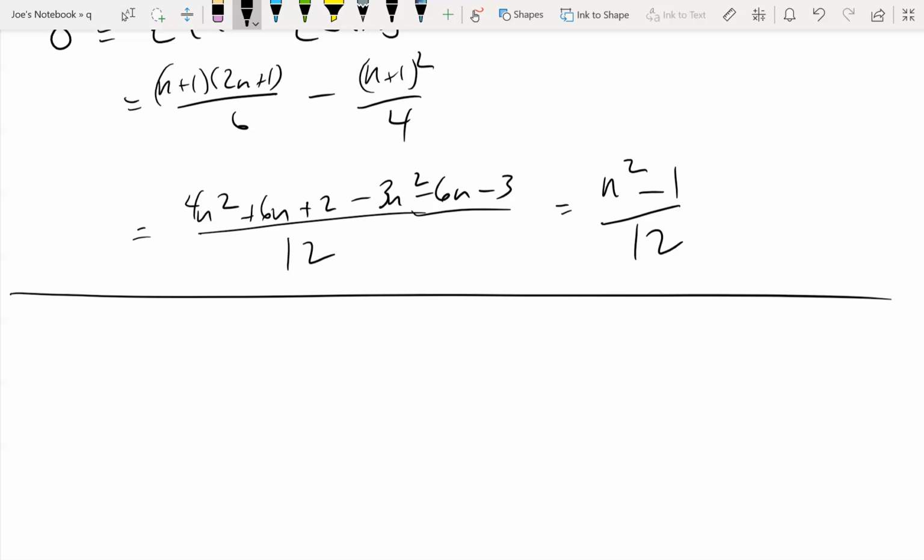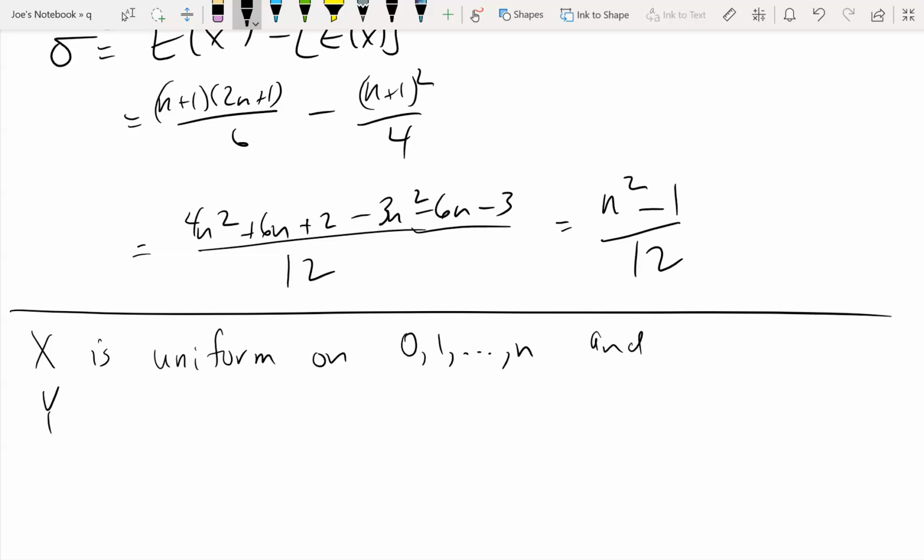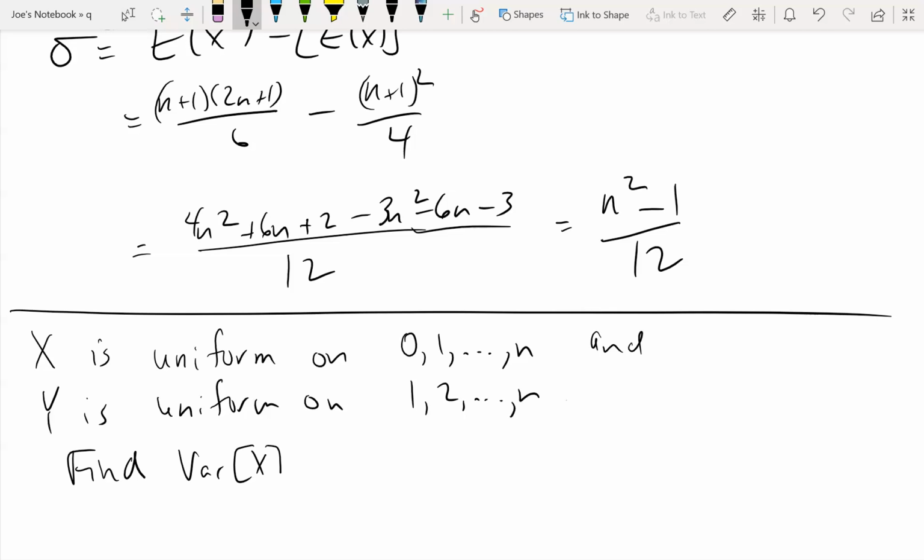Let's look at number 1 on that problem set 6 that I handed out. You've got two discrete uniform distributions.